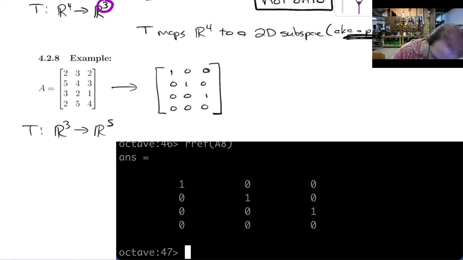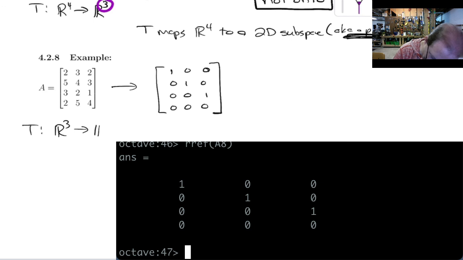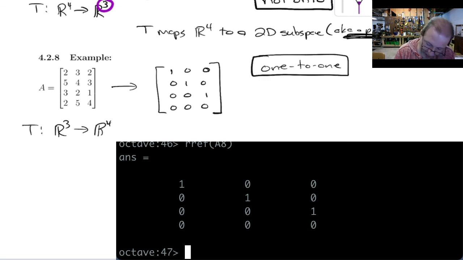That's not R3 to R5. It's R3 to R4. So we get this. We have a leading one in every column, so it's 1-to-1. And let's see, we have 3 leading ones, but we're in R4, so it's not onto.